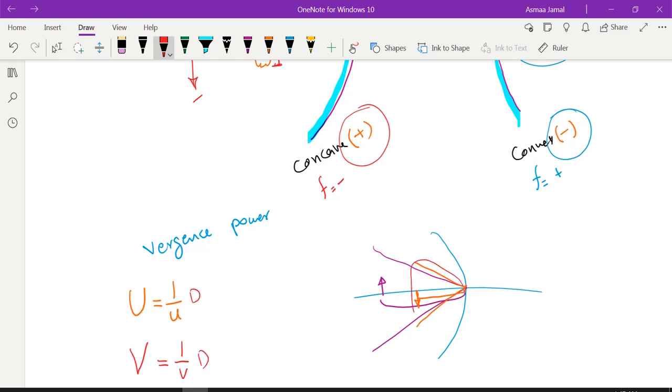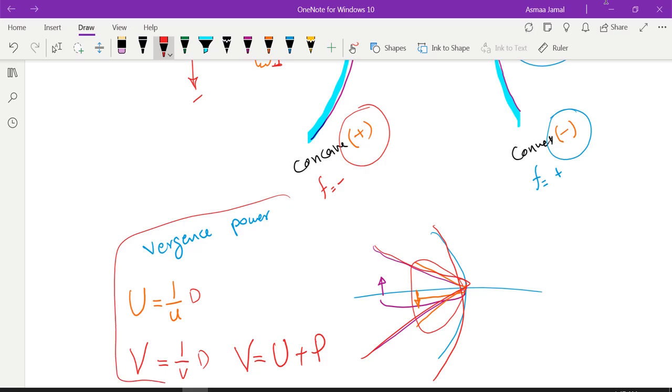The divergence of the emergence one will depend on the incidence divergence and the power of the mirror. So we can say the divergence of emergence equals the divergence of incidence plus the power of the mirror. So as you can see, it's the same formula that we use in lenses.